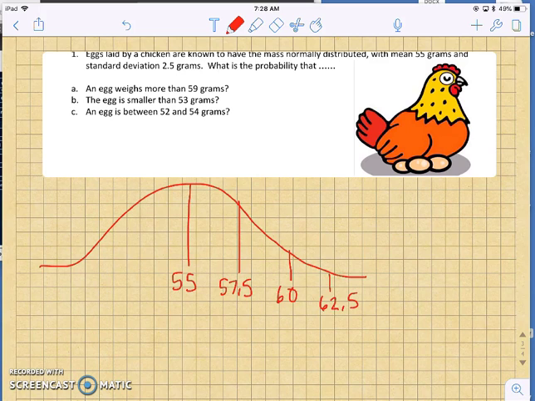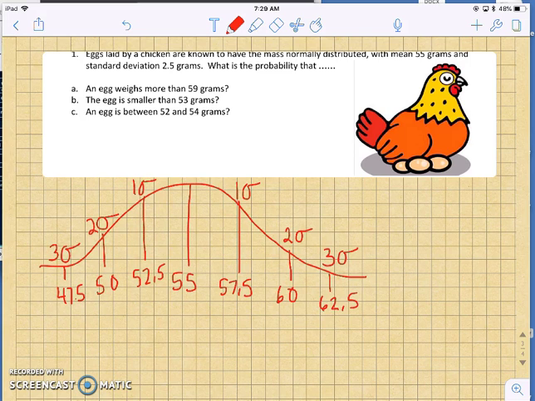And we went out 3 standard deviations on each side. So that's 1, 2, 3. If we go backwards, we'd have 52.5, 50, and 47.5. 1 standard deviation below, 2 below, and 3 below.